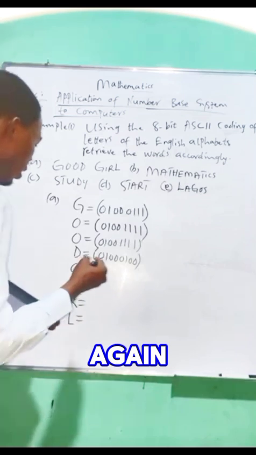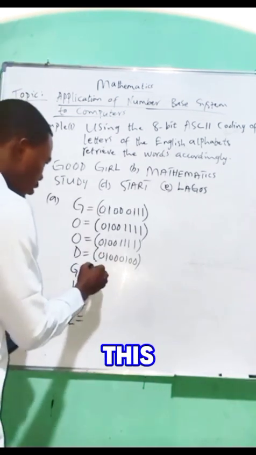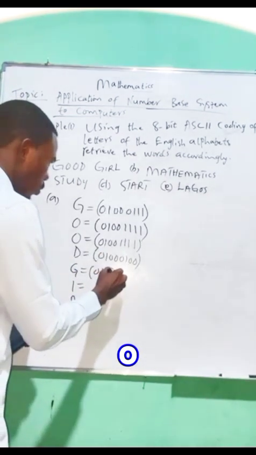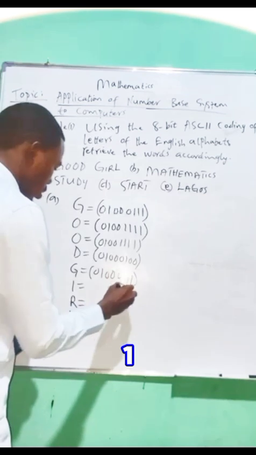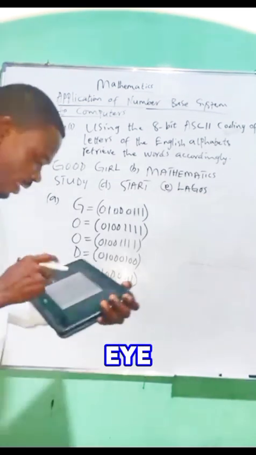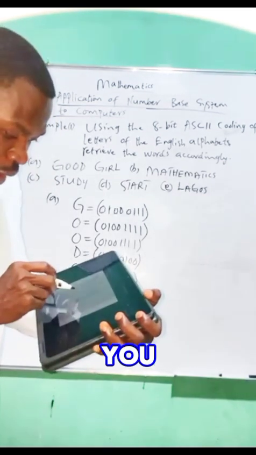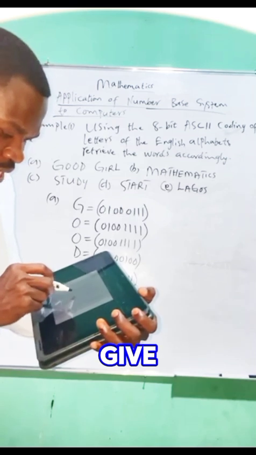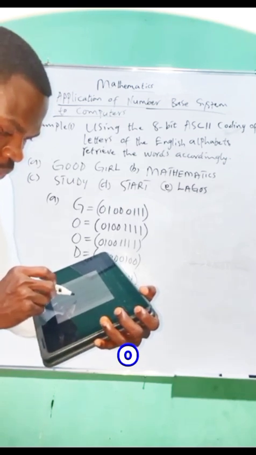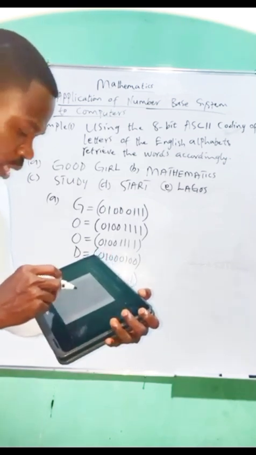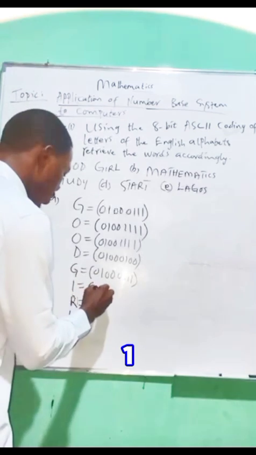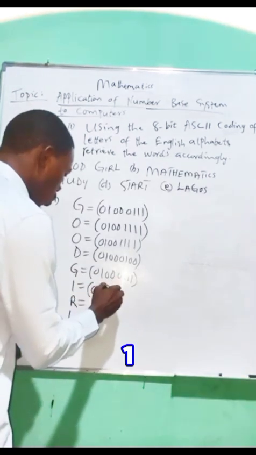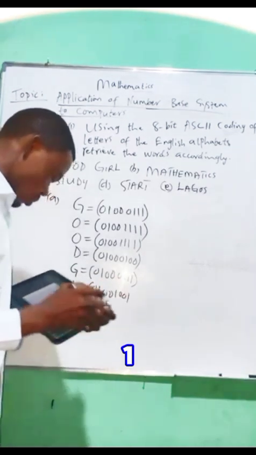Then G again, the same thing: 0100 0111. Then for the I, I will give us 0100 1001.